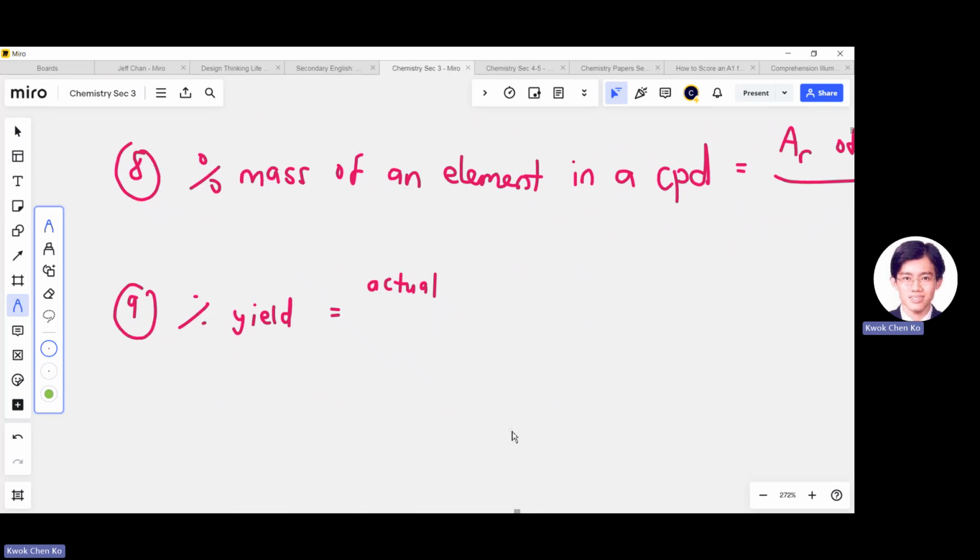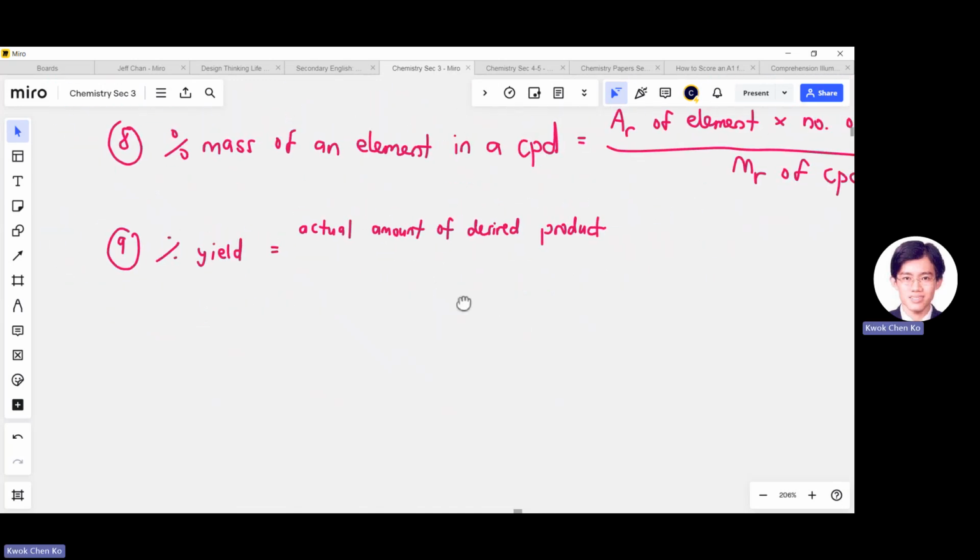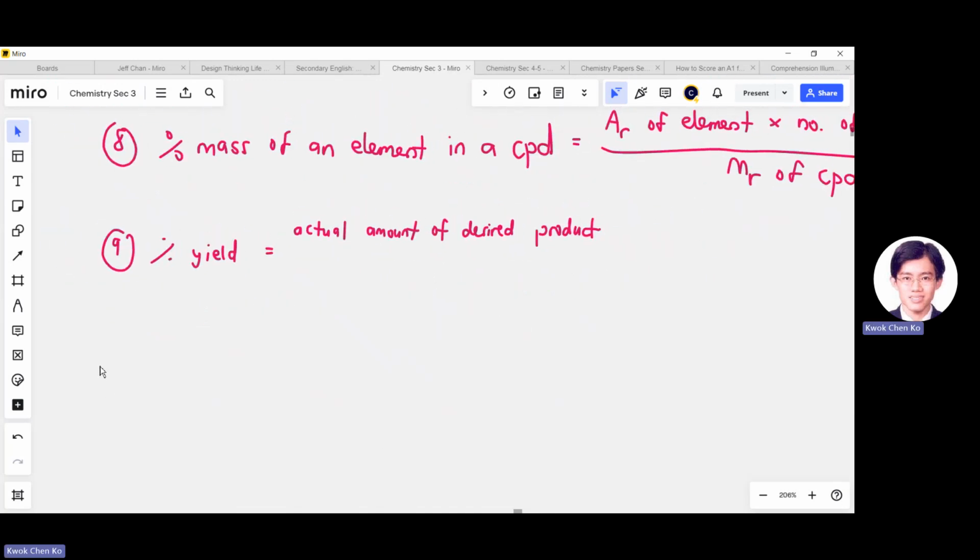So it's the actual amount of, take note, I qualify using this word, desired product. Your reaction may have more than one product. You're supposed to find out from the question which is the one you want.